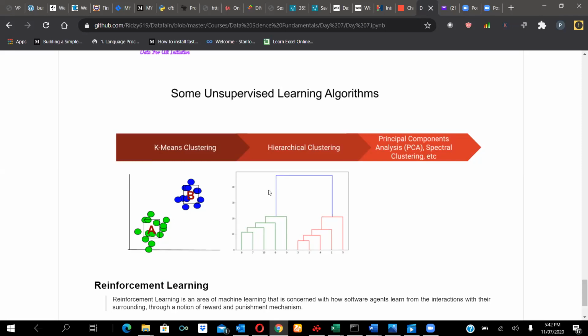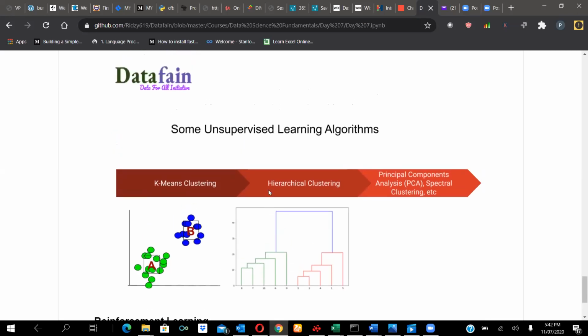Now, the first one is k-means clustering. Remember when we were talking about supervised learning, we talked about k-nearest neighbor. And now in unsupervised learning, we're talking about k-means clustering. Let me show you the difference.